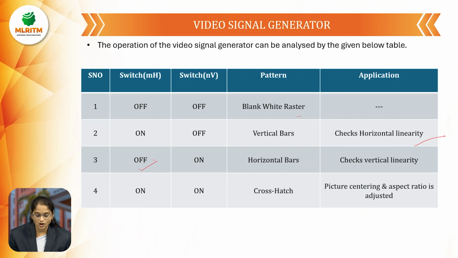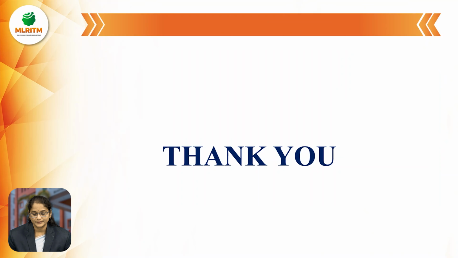If horizontal is on and vertical is off, we are going to generate the horizontal bars, and the application is that it will check the vertical linearity. When both are in on state, we are going to select the crosshatch, and the picture centering and the aspect ratio must be adjusted when both the vertical and horizontal bars are in on state.